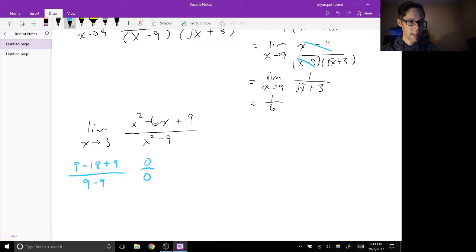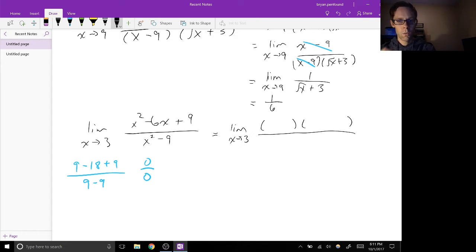In this case, I think we should be able to factor both the numerator and the denominator, and hopefully one of those factors is going to cancel. Looking in the numerator, I'm going to look for a pair where my two terms multiply to give me 9 and add to give me -6.